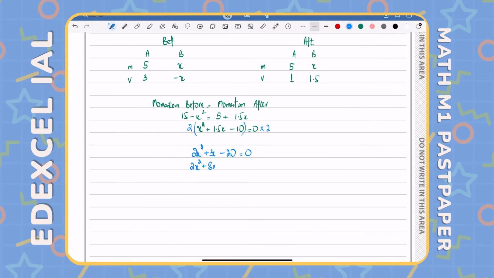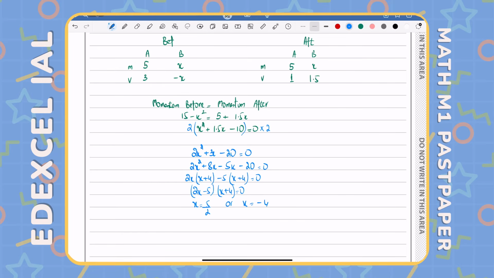So 2x squared plus 8x minus 5x minus 20 equals 0. So we have 2x into x plus 4, then minus 5 into x plus 4 equals 0. So 2x minus 5 times x plus 4 equals 0. So x is equal to 5 upon 2, or 2.5, or x is equal to negative 4.